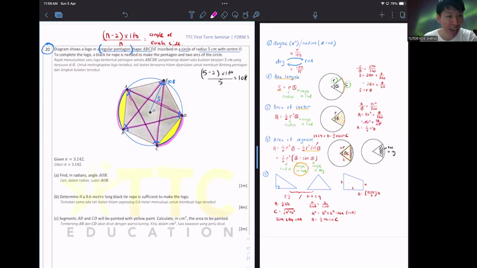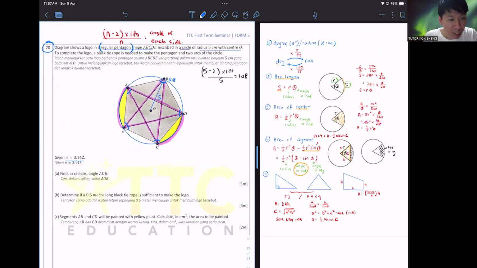This is the black tie rope. Use pi as 3.142. Okay, we can start with A, only one mark.